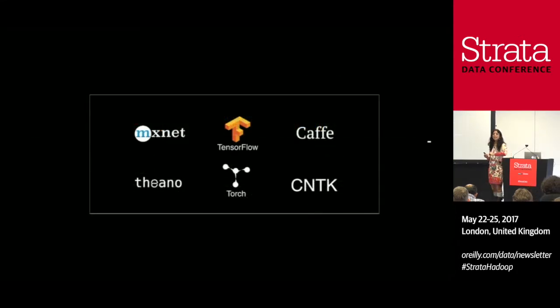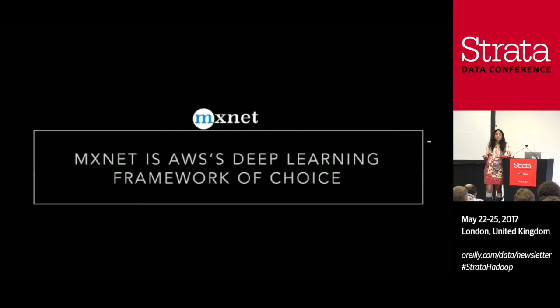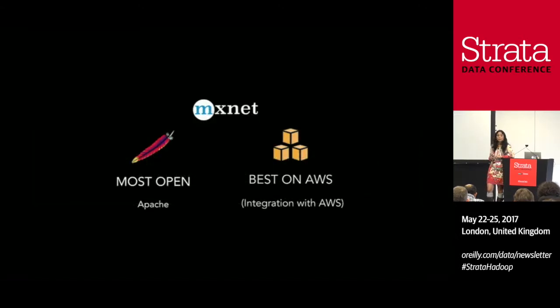So indeed, there are a number of choices for deep learning frameworks, right? So out of these, mxnet is the framework of choice at AWS. So the reason we are going with mxnet is mainly for 2 aspects. So one is that this is the most open source of all packages, and we have the Apache certification, and we have a very dynamic and active community.